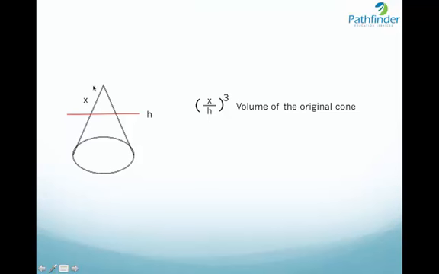So x is the height from the tip and h is the overall height of the cone. So suppose we cut this cone at a height which is equal to 1/3 of the total height, then the volume of this smaller cone will be equal to (1 by 3) cube times the volume of the original cone.